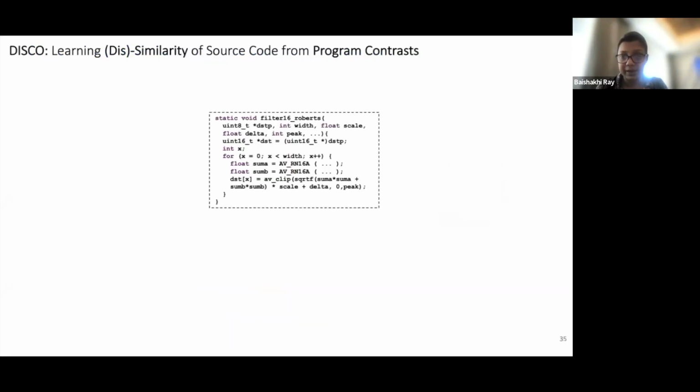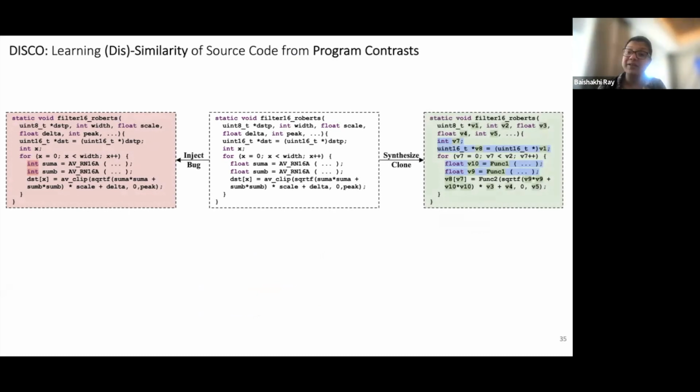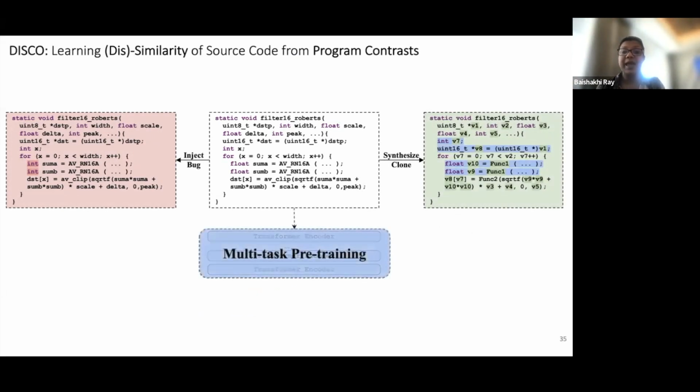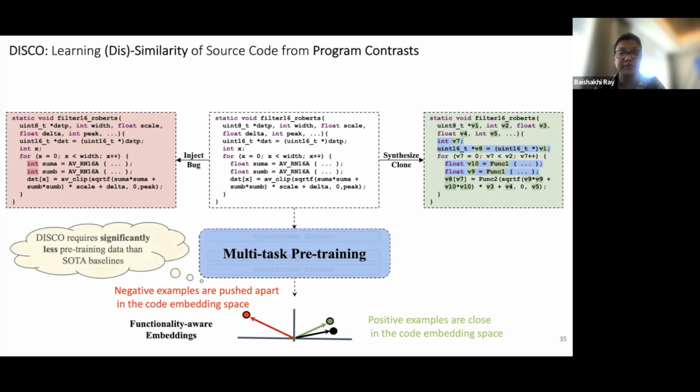So again, we have this original code. We inject bugs to create a deviant behavior. We also synthesize clones with different kinds of patterns. And then we have this pre-training I was explaining, where in the embedding space we move the deviant behavior and original code apart and keep the positive examples closer in the representation space.